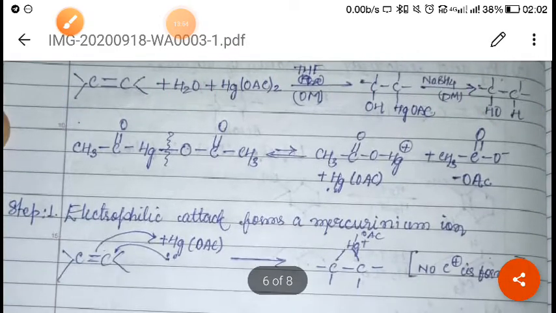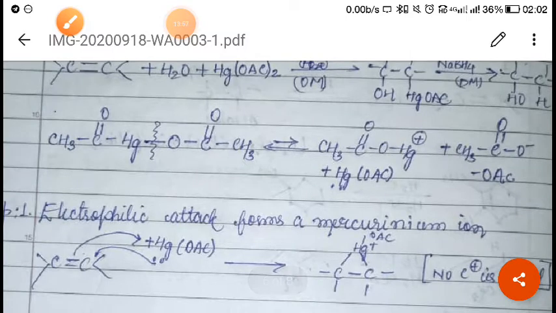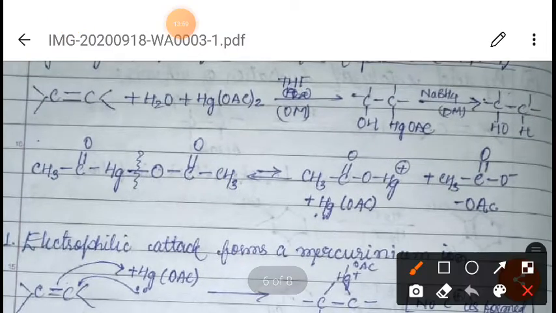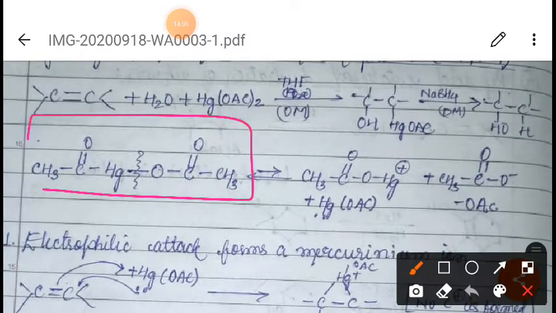In this first case, there is a heterolytic bond fission, and this bond will break here, as you can see, and it will convert into two parts, one is this part and another one is this part.